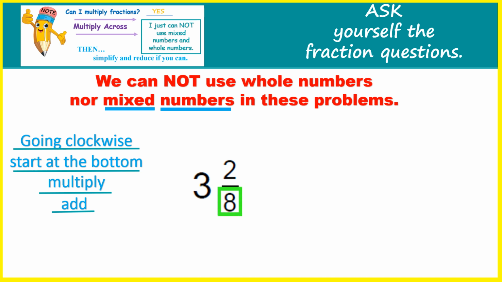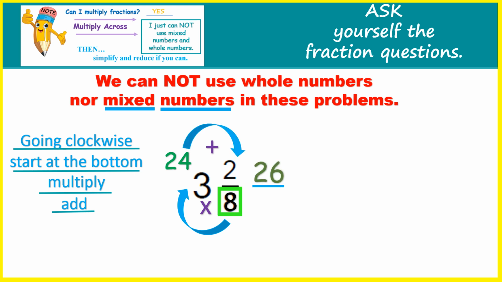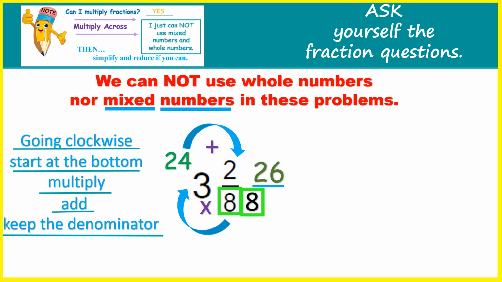We're going to have our 8. First step is to multiply. So I do 8 times 3 and I find their product, which is 24. Then I go from the 24 and add the numerator that's there. 24 plus 2 gives me 26. And then I just keep my denominator. So I now have 26 eighths that I can use in the math problem.